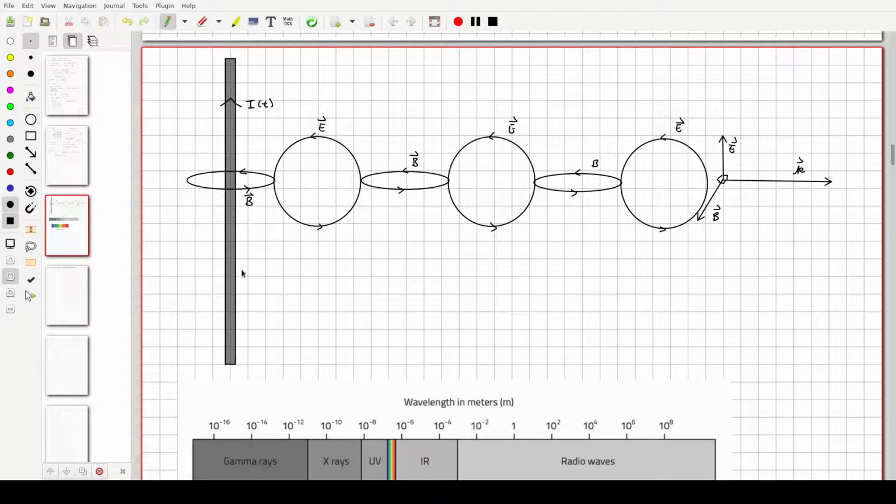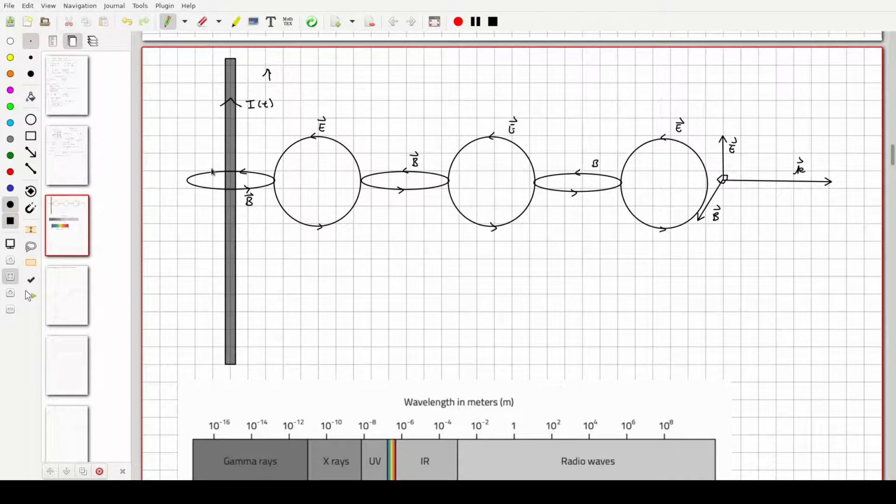So I want you to imagine a current running through a wire that's changing with respect to time. You put your thumb in the direction of I and curl your fingers around it, and the curl of your fingers tells you the direction of the magnetic field that's created.